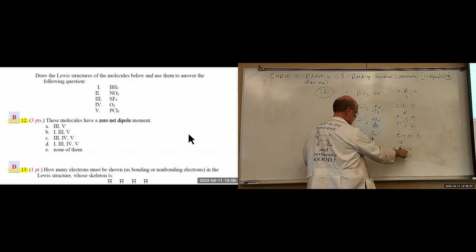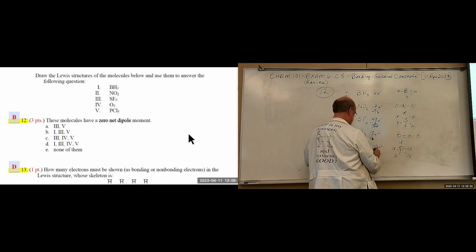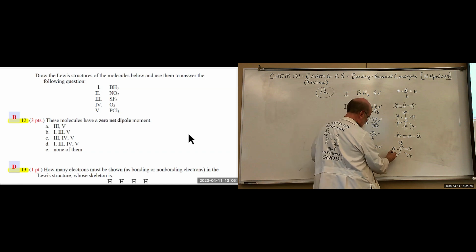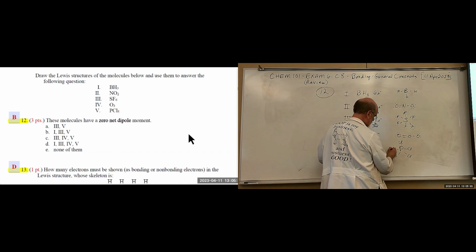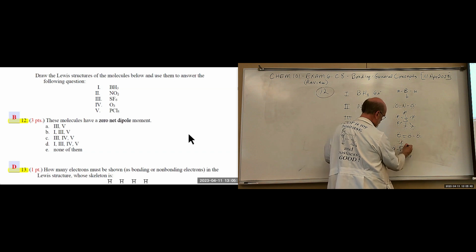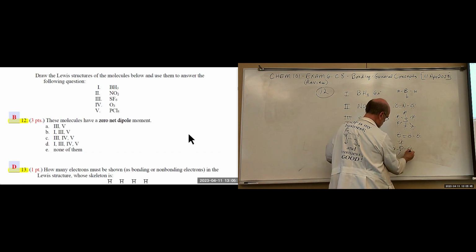Okay, 2, 4, 6, 8, 10. So we have 30 left over. 1, 2, 3, 4, 5, 6. 6 times 5 is 30. Okay, so if we make an octet around each one of these chlorines, we'll use up all of our electrons.